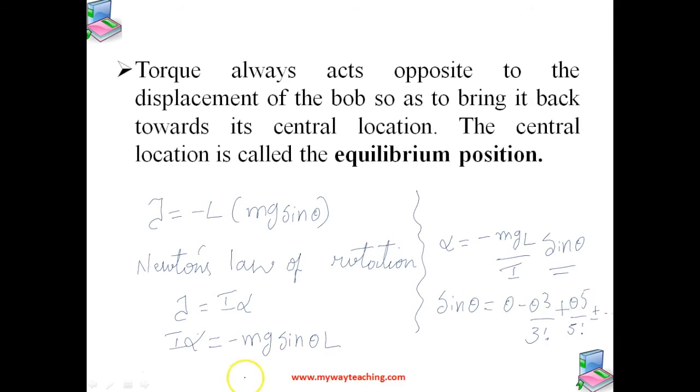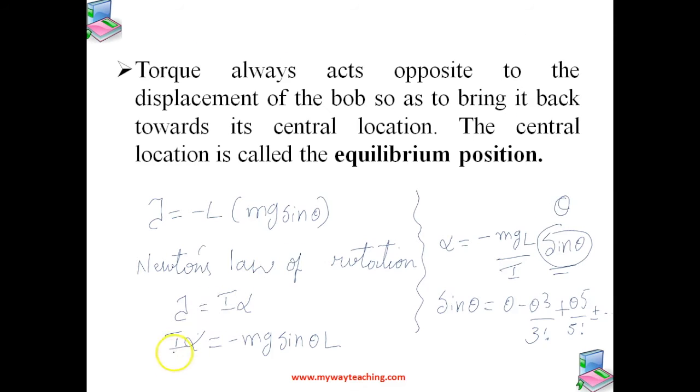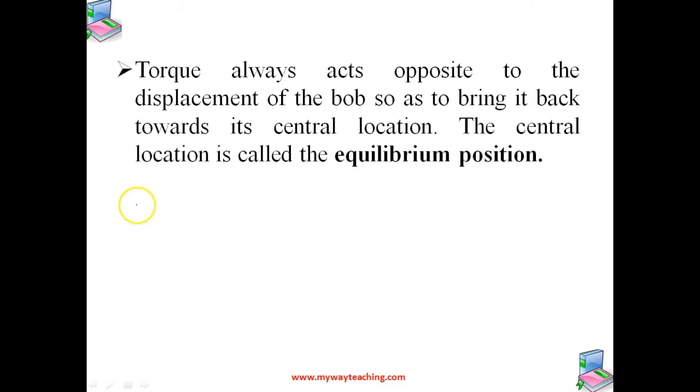So if theta is very small, we can replace sin theta with only theta. So we get the equation alpha equal to minus mgL by I theta if theta is very small.